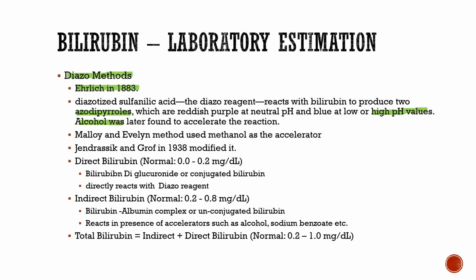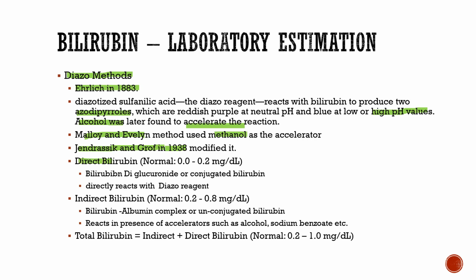Alcohol was later found to accelerate the reaction. The Malloy and Evelyn method uses methanol as the accelerator. That is, your unconjugated bilirubin will react in the presence of the accelerator, methanol. Jendrassik and Grof modified it in 1938. The Jendrassik-Grof diazo test is the one commonly used in the laboratory now.